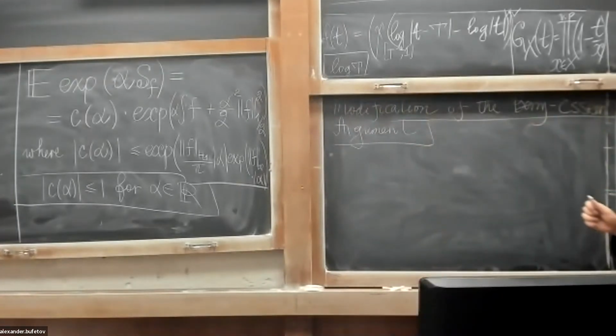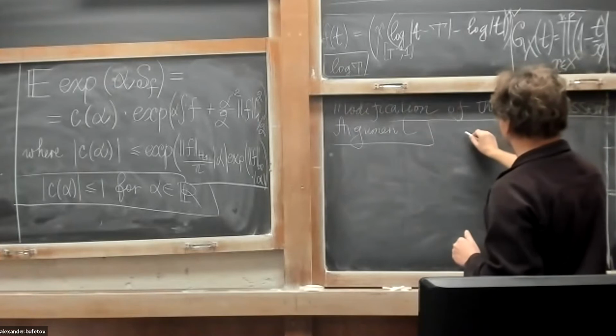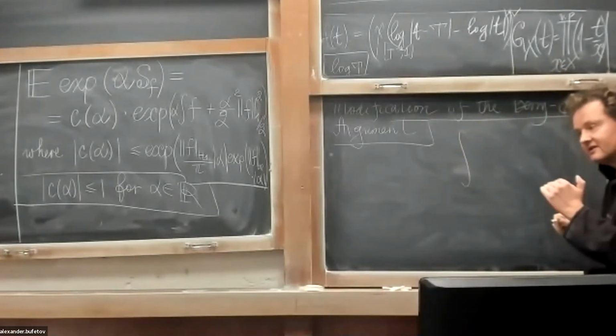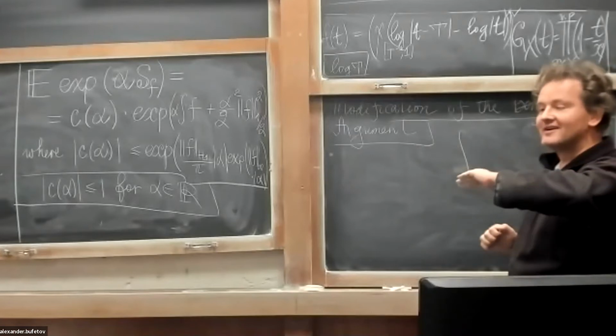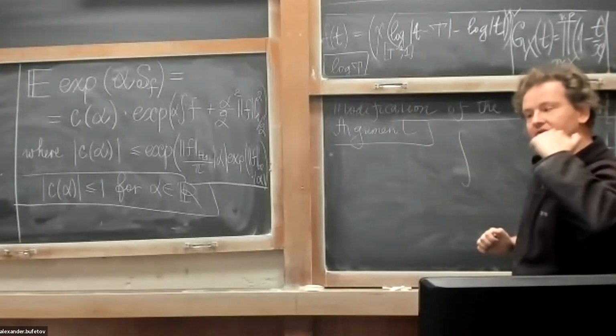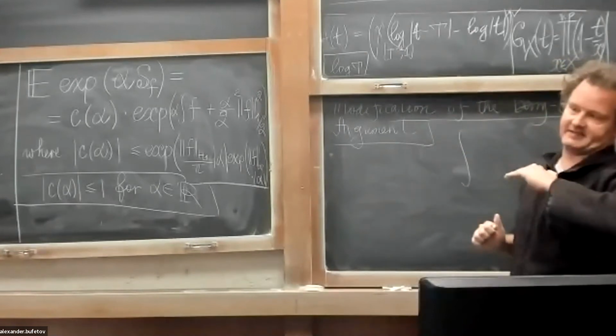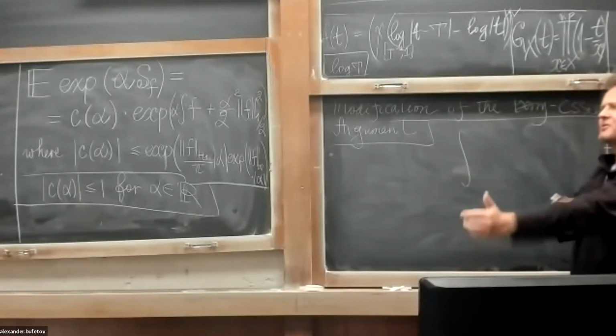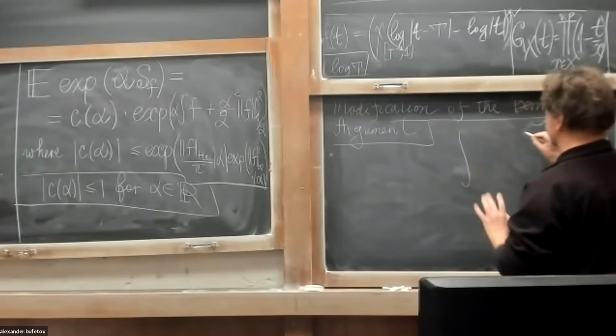So let me consider this integral, but not on the real axis, but on a shift of the real axis. We need some assumption that exponential moments exist, so let's make the assumption that everything exists.